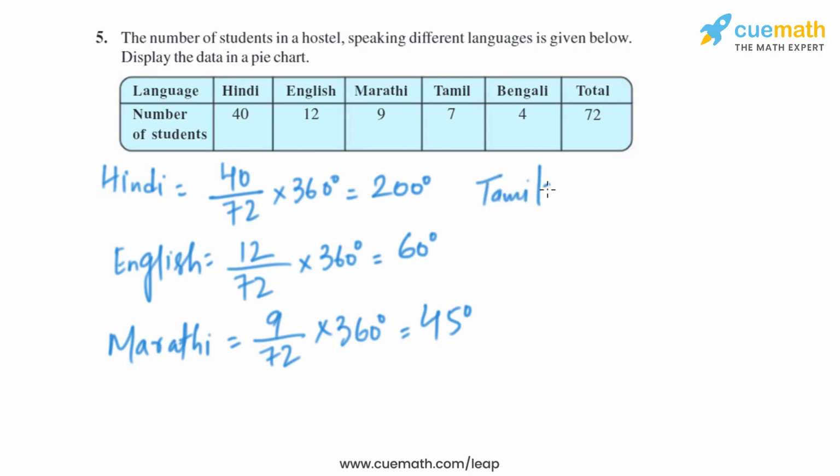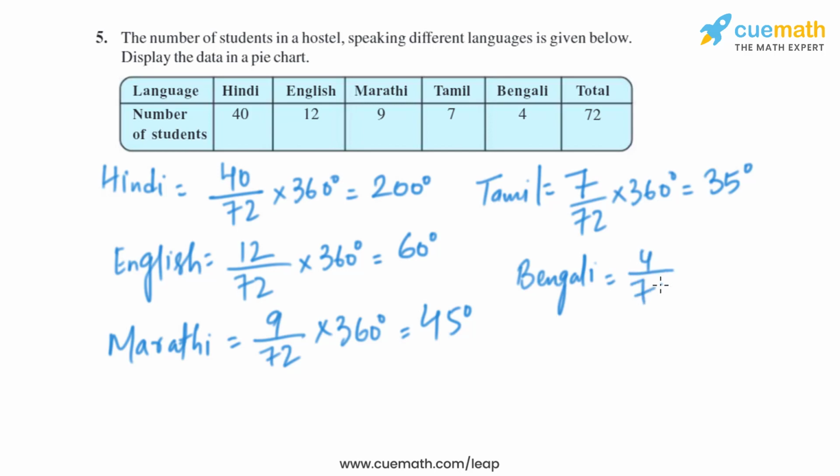As we can see, there are 7 people who speak Tamil out of 72 multiplied by 360 degrees, and on solving this we will get 35 degrees as the central angle. Now let's move on to Bengali. There are 4 people out of 72 who speak Bengali. So on solving this we will get the central angle of Bengali as 20 degrees.